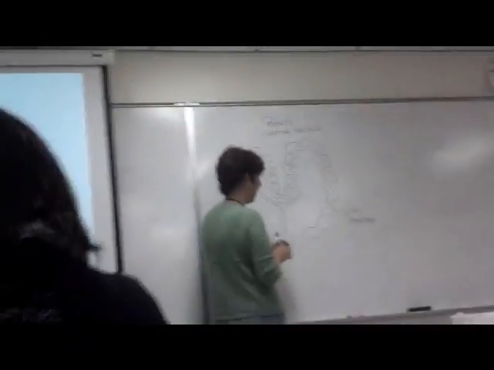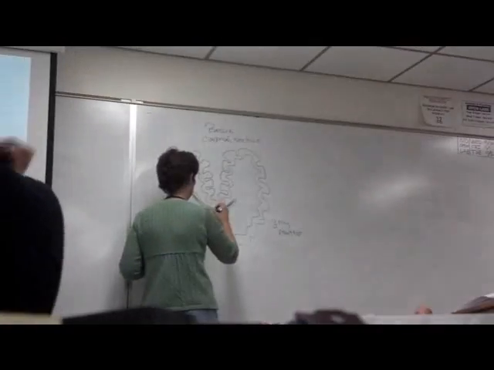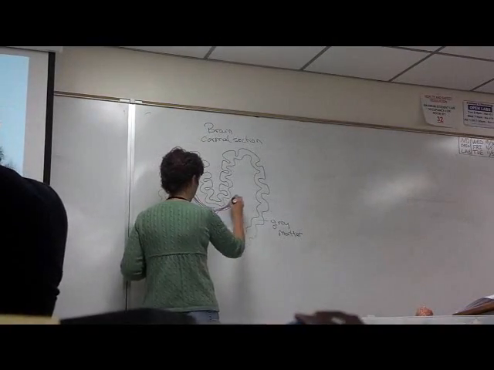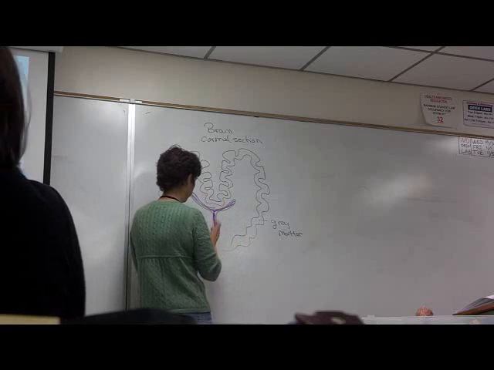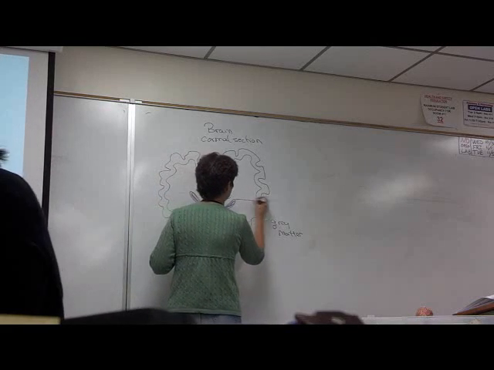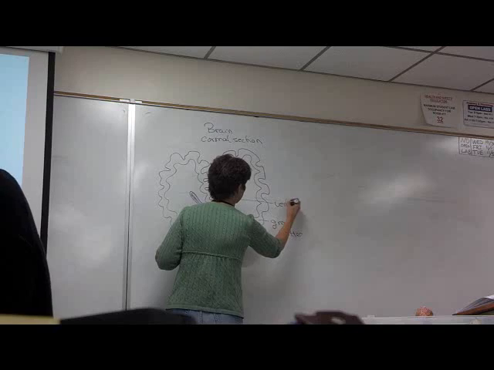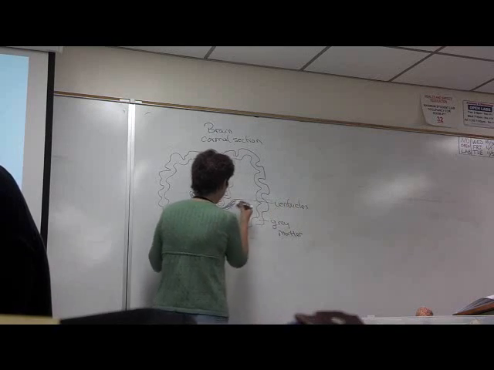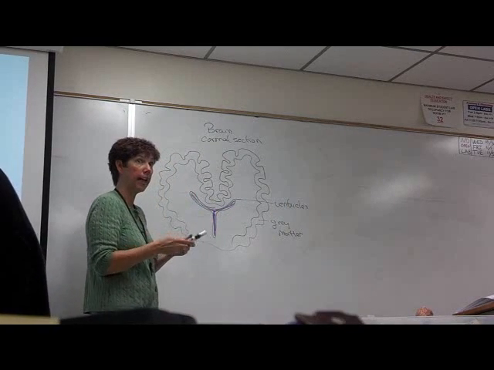This is going to be the ventricle. So we have lateral ventricle and third ventricle. And then within the white matter, we also have more gray matter.